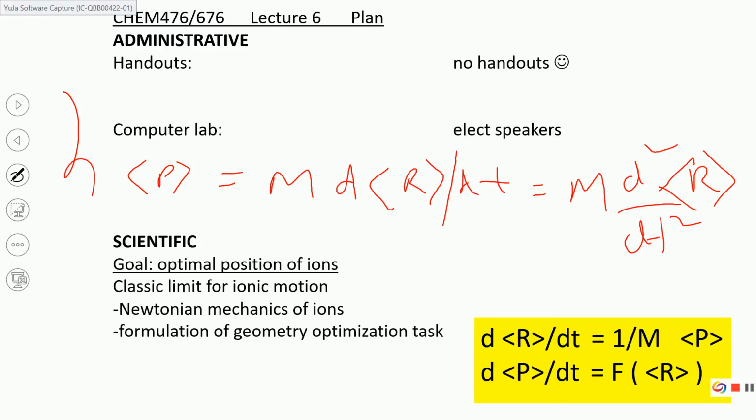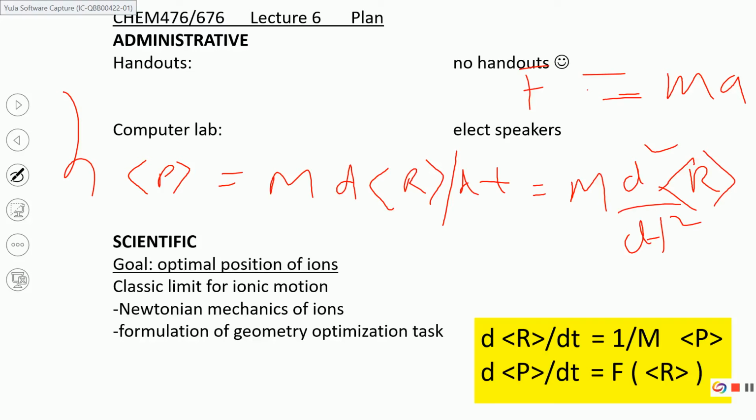Okay. So this represents acceleration. So from there, because we know that F equals mass into acceleration.